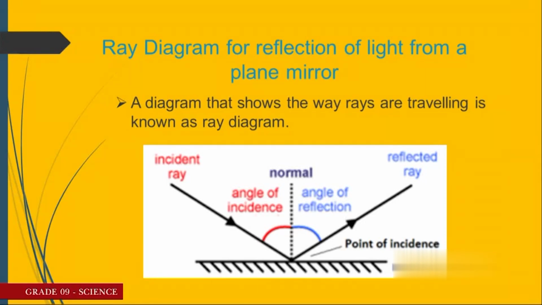The point at which the light ray is falling is known as the point of incidence. The line perpendicular to the mirror surface is known as the normal. The angle between the incident ray and the normal is known as the angle of incidence, and the angle between the normal and the reflected ray is known as the angle of reflection.